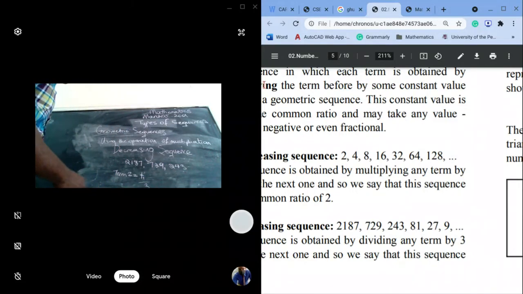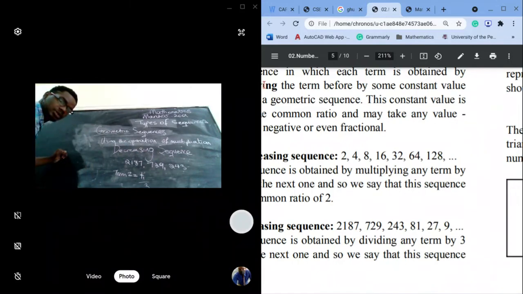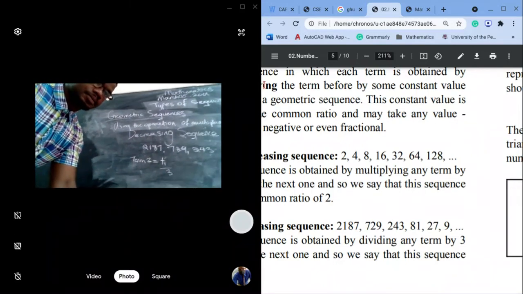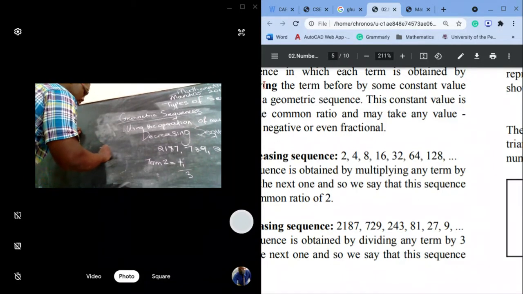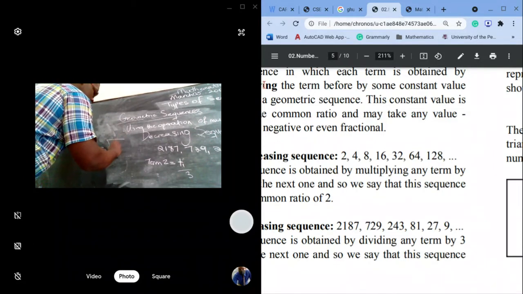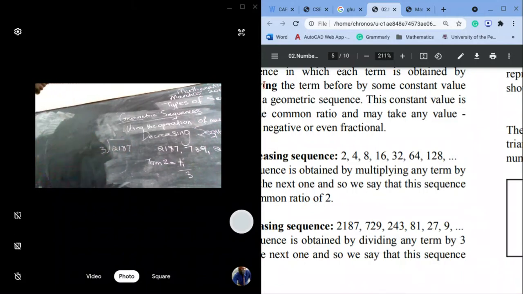Let's quickly do that. So we're going to say now 3 into 2187. All right. 3 into 2, we can't.